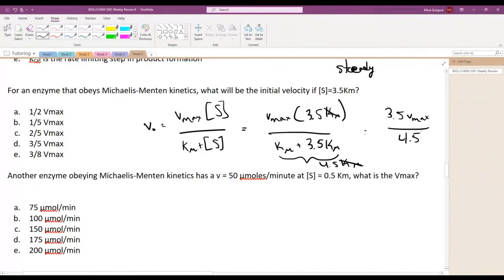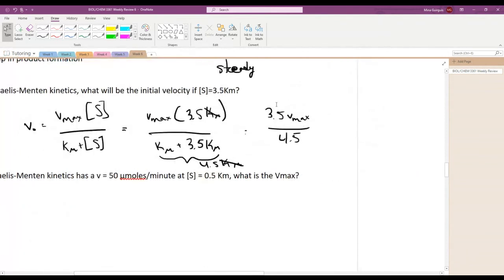So 3.5 over 4.5, I think I might have done something wrong. Did I skip a step? Sorry, I just want to make sure, because I know that I did this problem before and got an answer. Okay. I believe I might have written this question down wrong. That's okay, we'll ignore the answer choices.